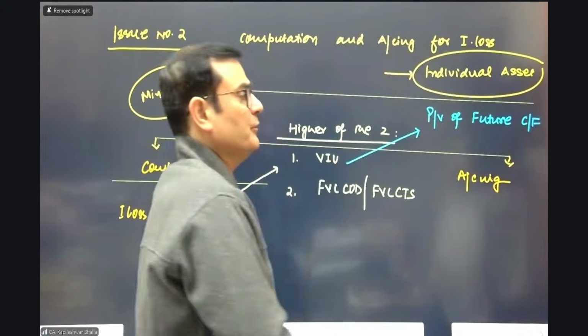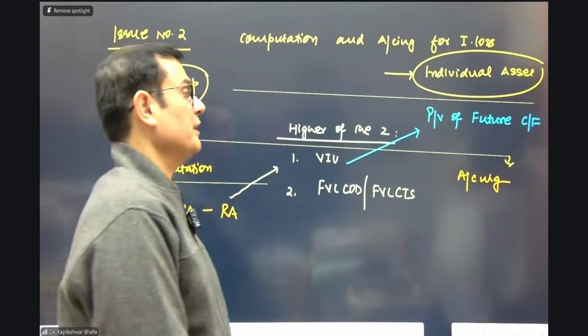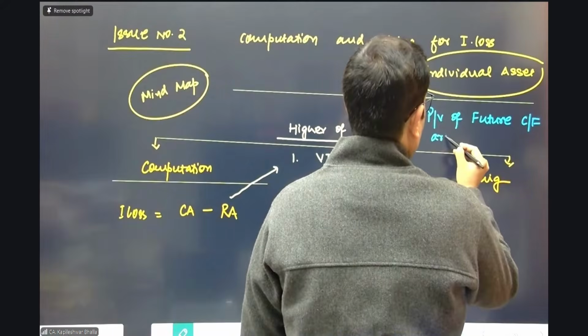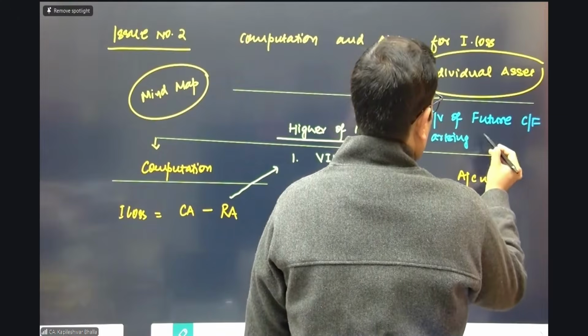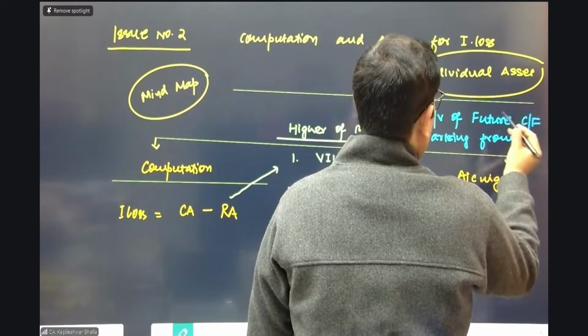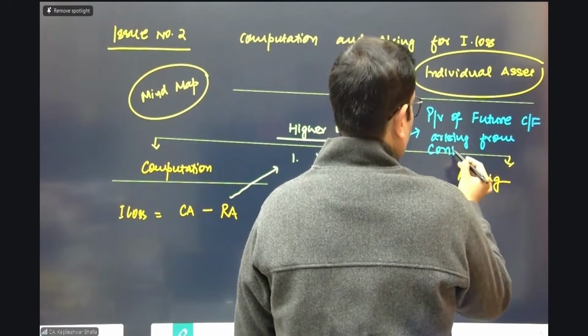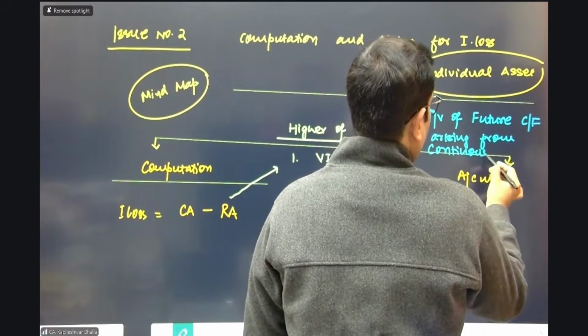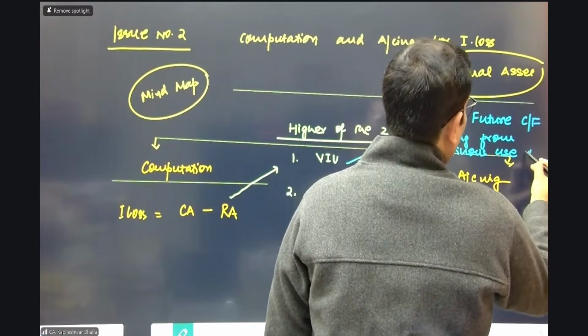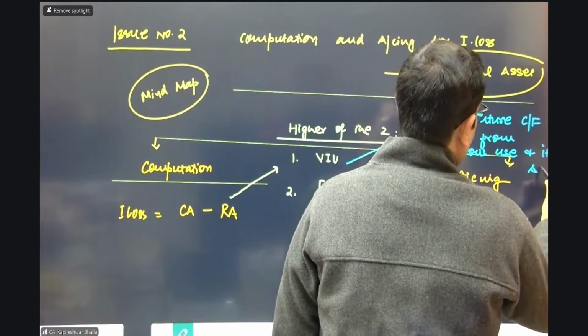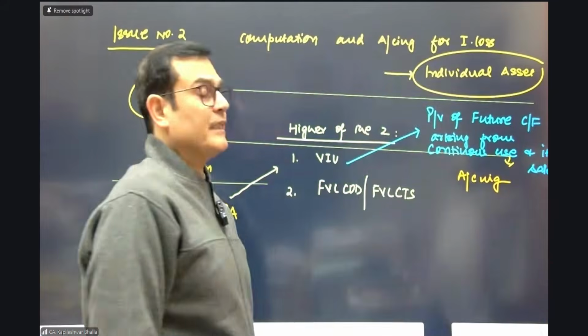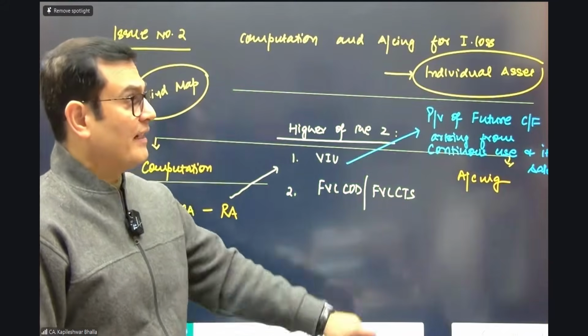It is the present value of the future cash flows arising from the continuous use and its sale. So we're looking at the cash flows arising on account of two factors.